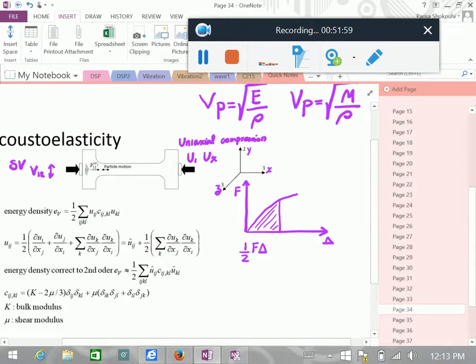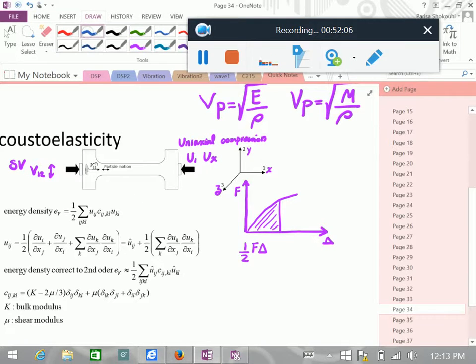Now, what happens if I change this to sigma and this to epsilon? That means I'm dividing this by A and this by L. Isn't it as if I'm dividing by volume? Very simply put, energy density is the area underneath a stress-strain curve.